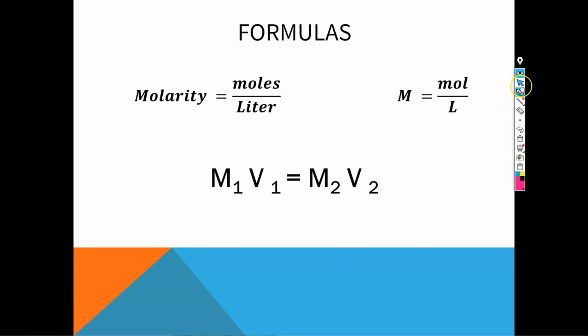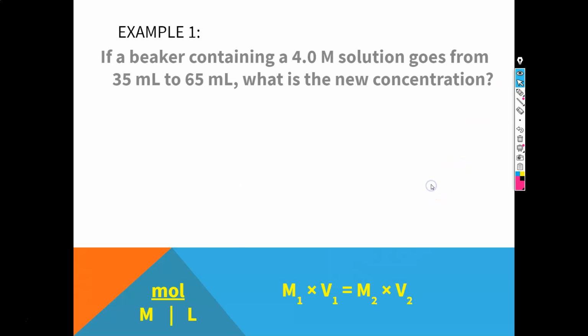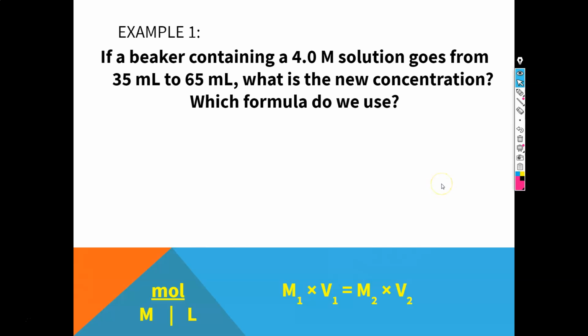So let's get started. All right, so our first example says if a beaker containing 4.0 molar solution goes from 35 milliliters to 65 milliliters, what is the new concentration? First thing we have to ask ourselves is, which formula are we going to use?